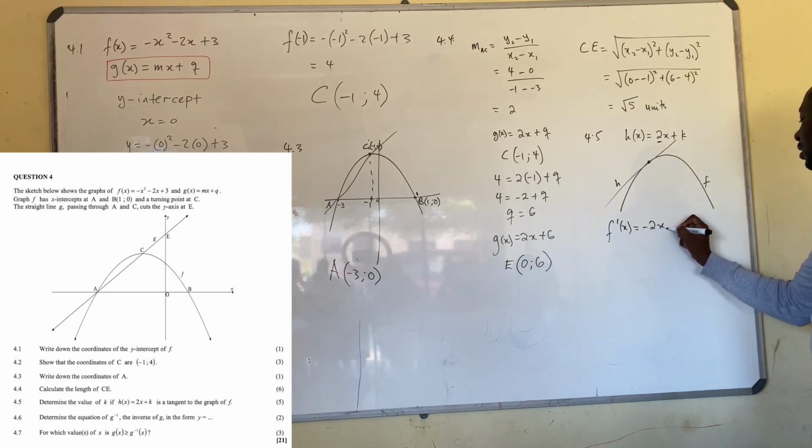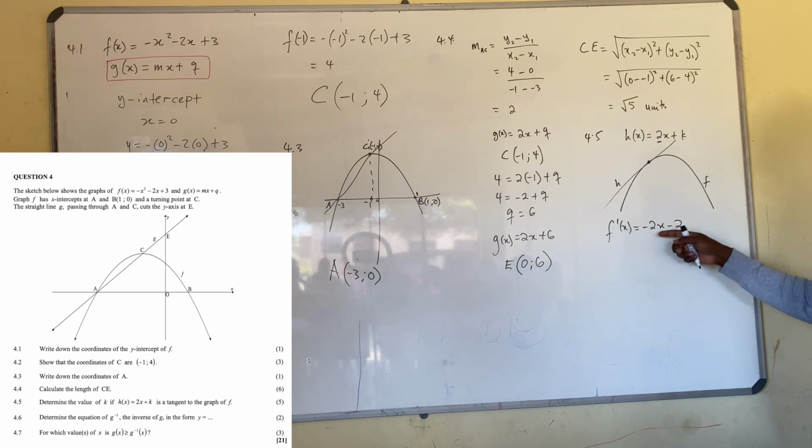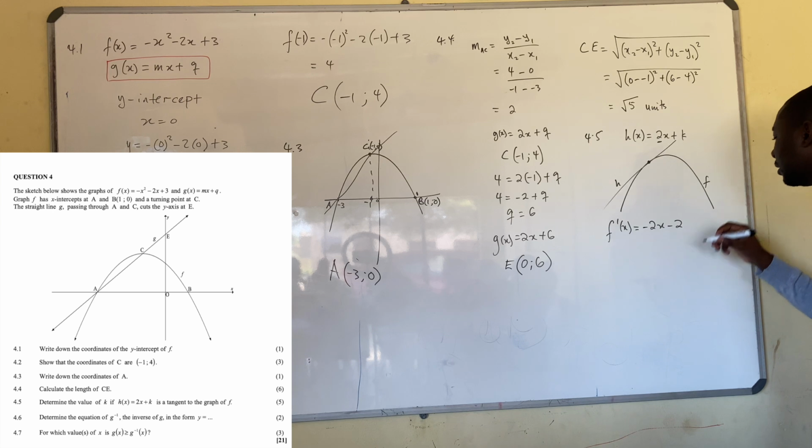Negative 2x minus 2, right? That's the derivative of f of x. And then how do we use it? We know that this is a gradient function, a function which gives us gradients as output, right? We know the gradient at this point is what? 2, right?